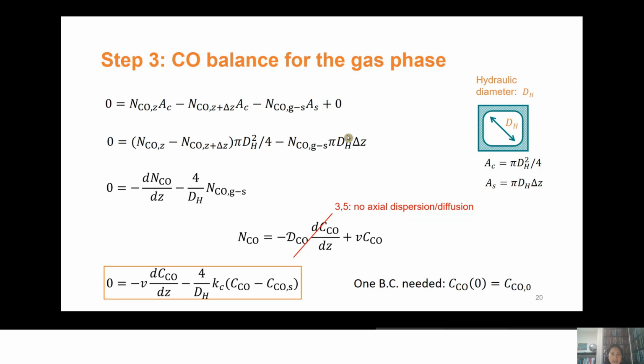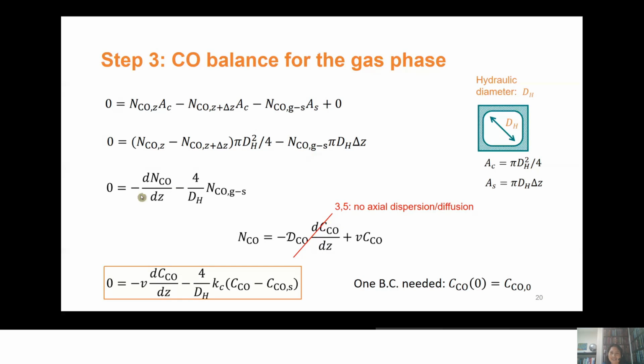Then we divide through by AC delta Z, or pi dh squared times delta Z over 4, and take the limit as delta Z goes to 0. There's nothing new. We've done this many times now, so you should be very familiar by now with how to convert your control volume balance to a differential equation.